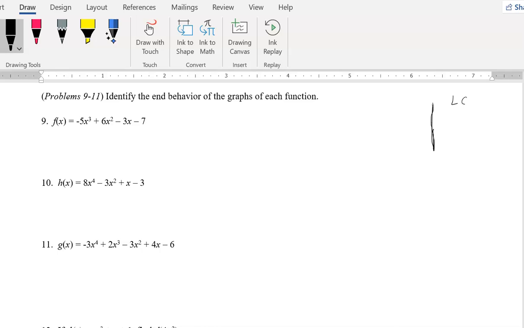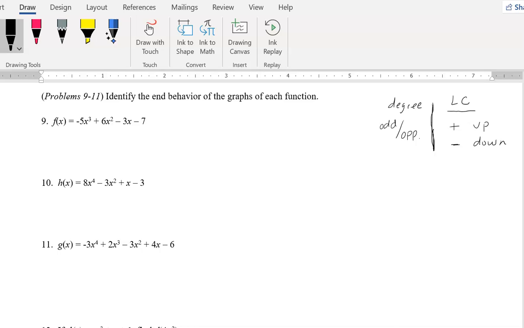The lead coefficient will tell us what happens on the right. Okay, lead coefficient positive, it's going to go up on the right side, negative, down. Okay, the degree will tell us about the left side. And remember, the easy way to remember that is for odd degree, it's going to be the opposite of the right side.